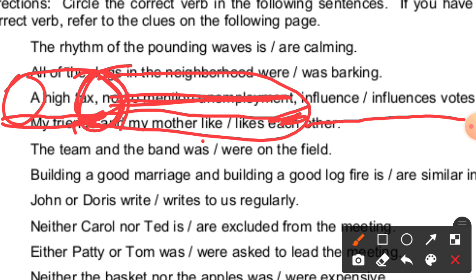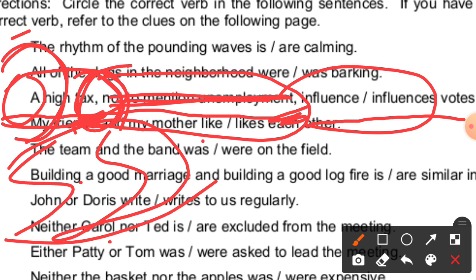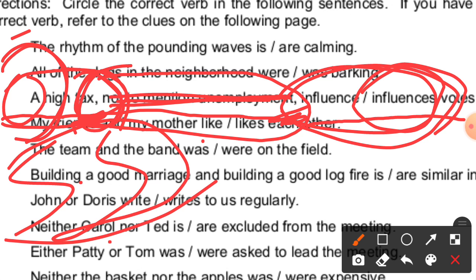Tax is a subject. Is it a singular subject or a plural subject? Yes, it is a singular subject. Now when a singular subject is there, we need to choose a singular verb. So what is the singular verb out of influence or influences? See the spelling of influence and influences. Where is S written? In this spelling we can see S is there.